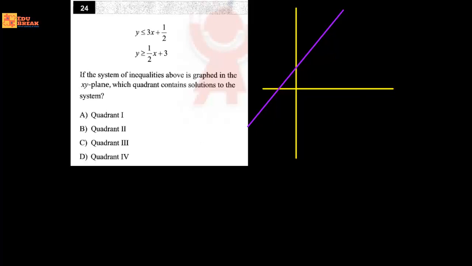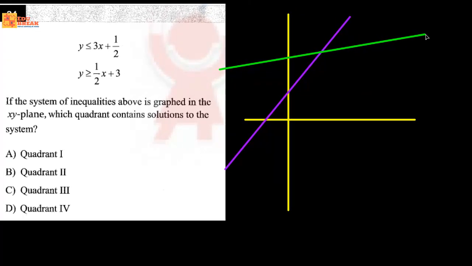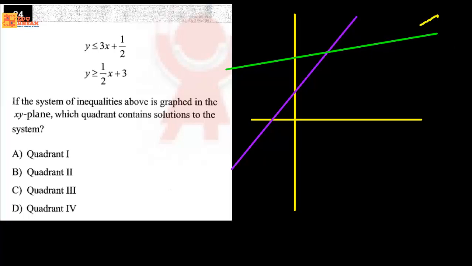Next one, it has a positive slope of half, smaller than 3, and y-intercept equals 3, so it will go this way, and this is the solution. So the answer will be in the first quadrant.